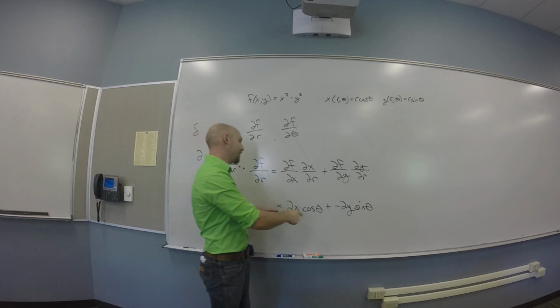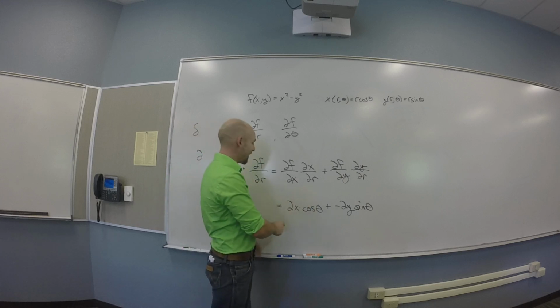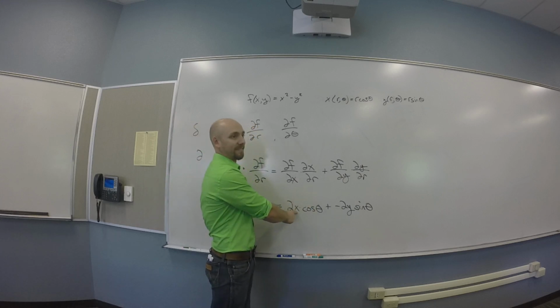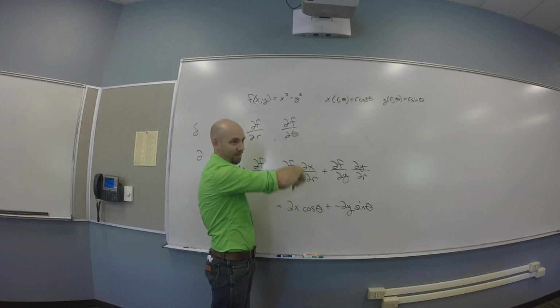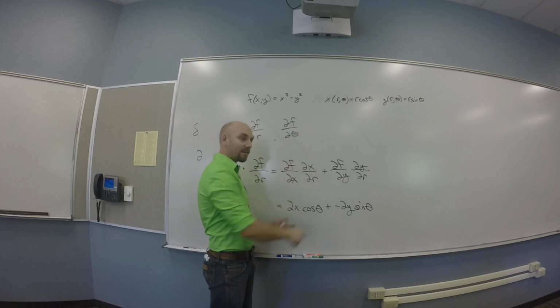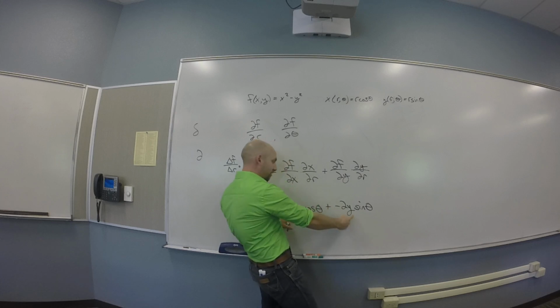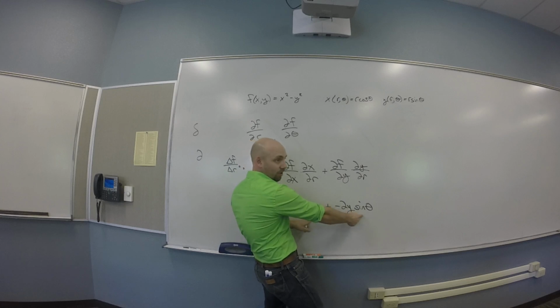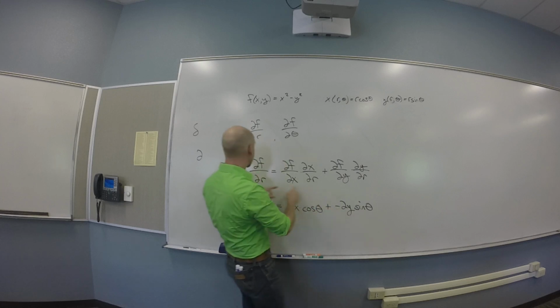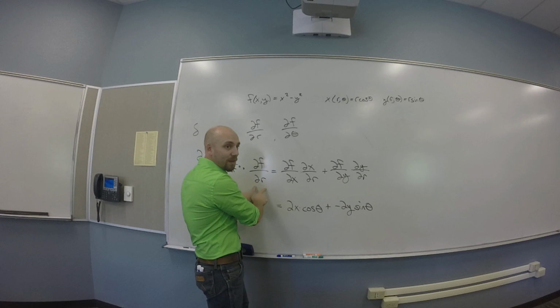I would say that this could be simpler by taking what x is, r cosine theta, and inputting it here. Because this is mixed between Cartesian land and polar land, right? And this derivative should really be in polar land.